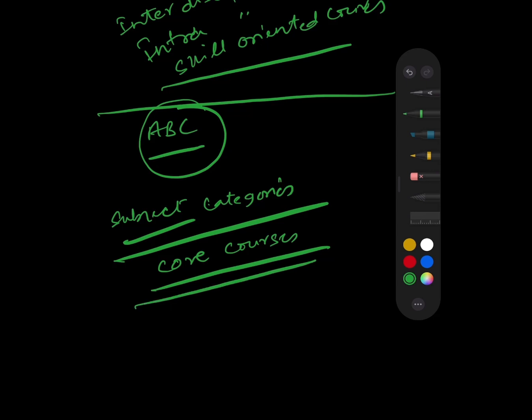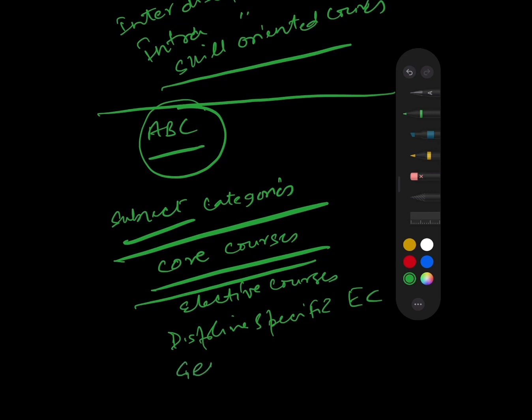We have the core courses, and then we have elective courses. We have discipline-specific elective courses, and we have generic electives, and we have ability enhancement courses, ability enhancement compulsory courses, and skill enhancement courses.